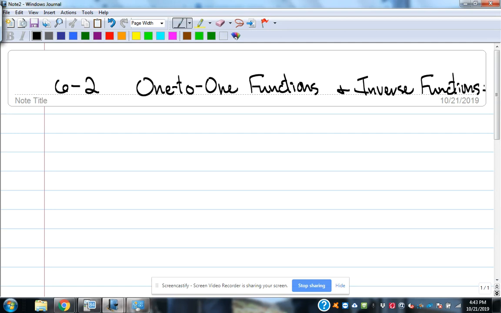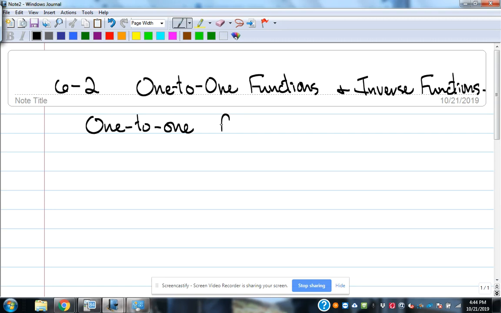All right. What makes something a function? What are the rules for being a function? We talked about this back in chapter 3. In order to function properly, never repeat what? What values cannot repeat and be a function? X values cannot repeat.